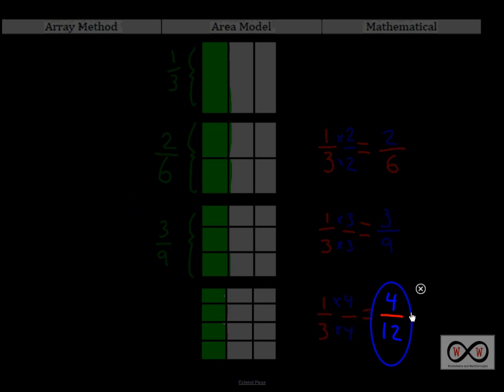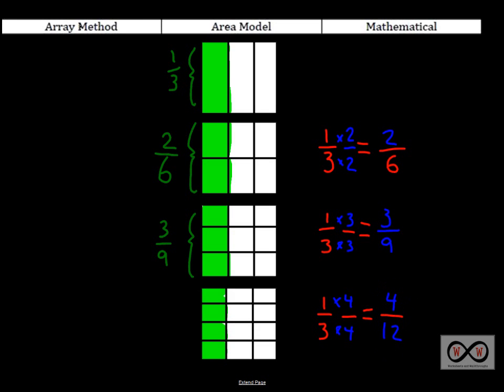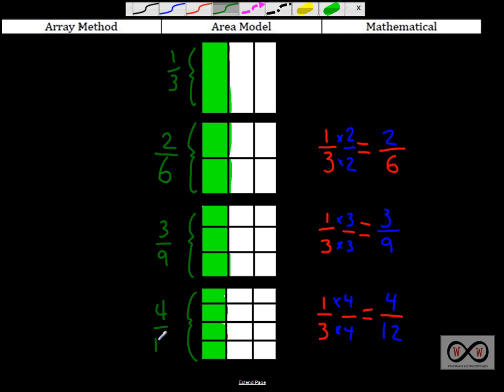So let's go ahead and write that over there again. 4/12. So 4/12 is equivalent to 1/3. So therefore, it must be equivalent to 2/6 and also 3/9. Look at that. We have 4 fractions, and we've shown that they are all equivalent.